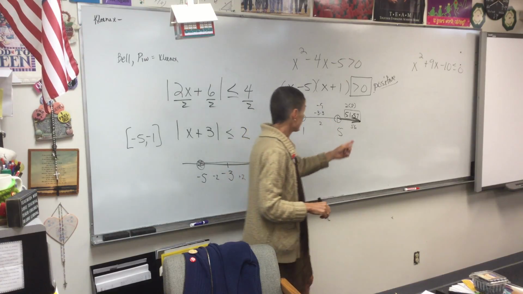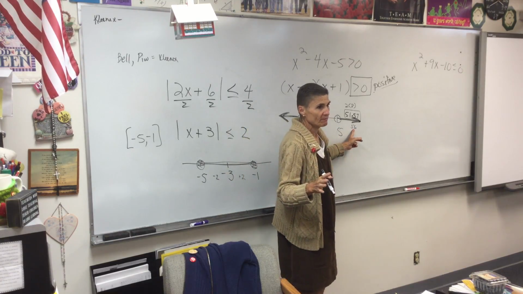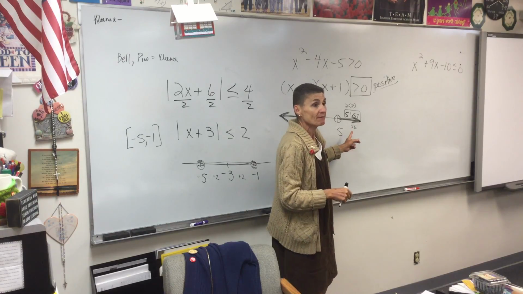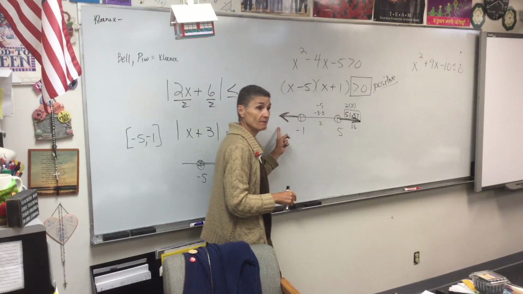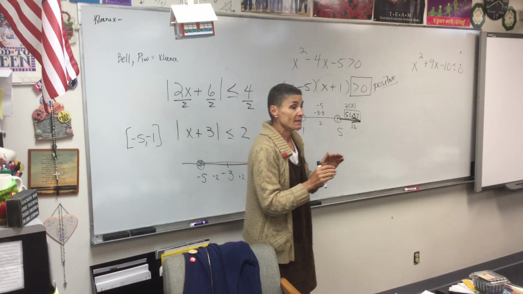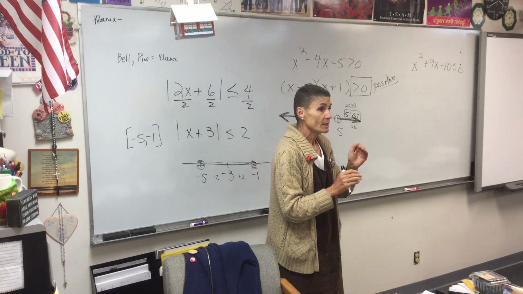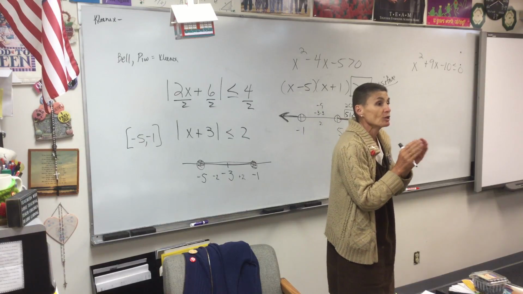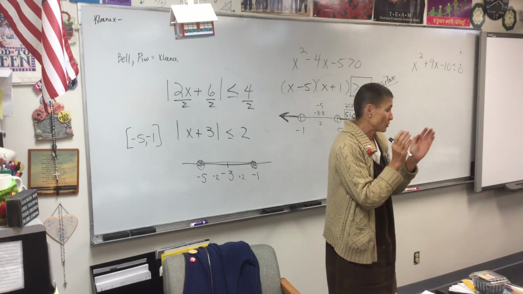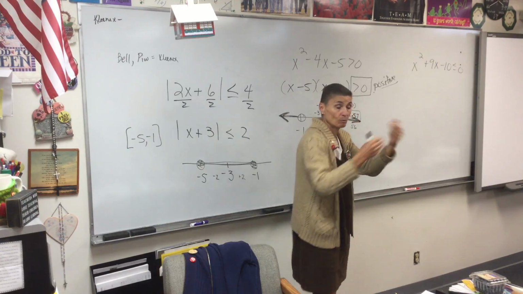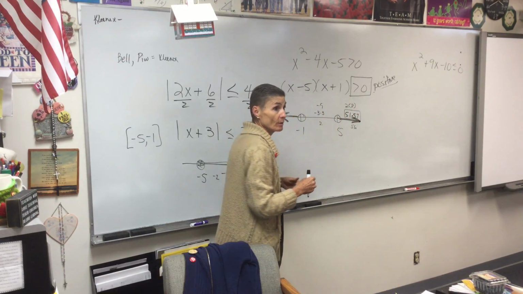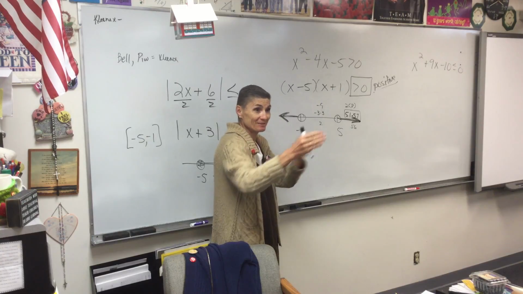You may be picking a different number, but nobody else is going to pick 56. You may pick 7, or 10, or 2, or -15, but it won't matter, because when you pick a number, it will either shade that section or not. Your shading is going to match my shading, because you're either going to be positive or negative.